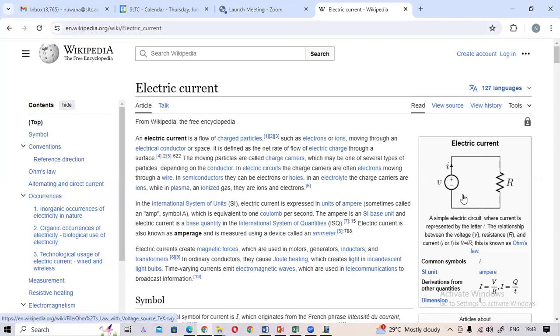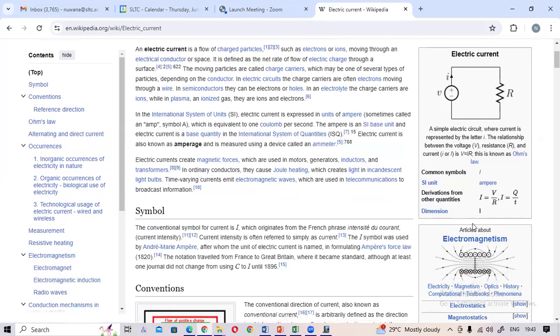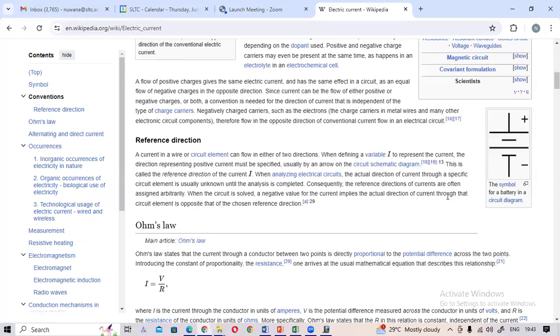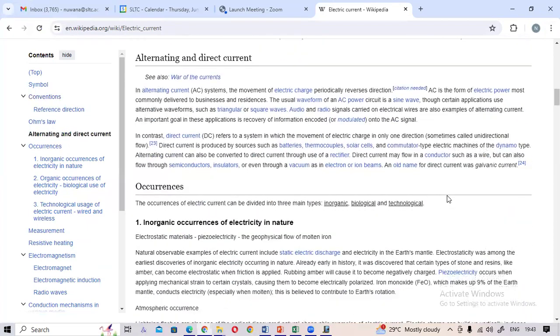That means the charge per 1 second. Q divided by T, that is defined as current, I. So that is the rate of charges crossing an area.